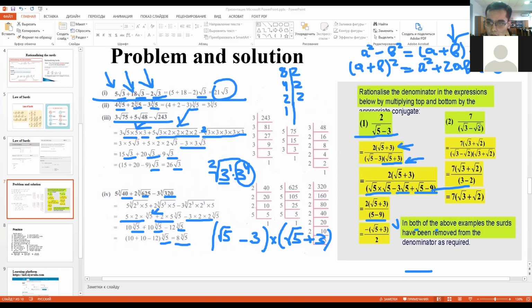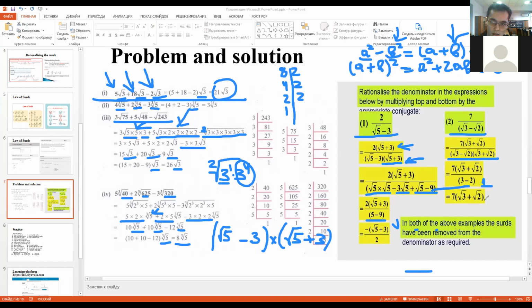Here also the same, I mean, this one is used. You multiply the 7 and its pair to the numerator and to the denominator, and you will get the squares of each third, and it becomes 3 and 2, and you can freely minus them, and you will get 1.